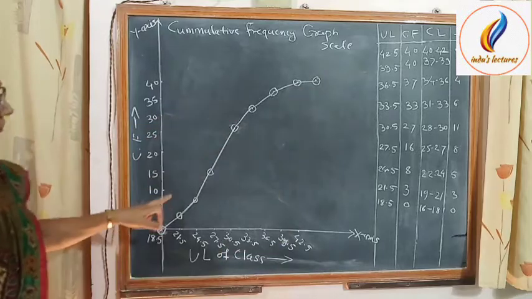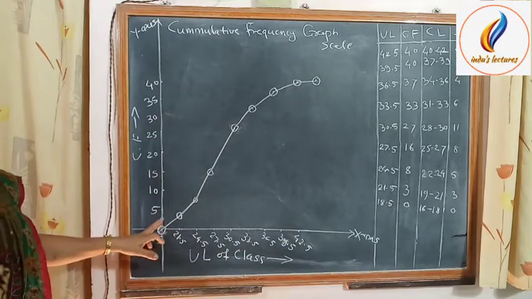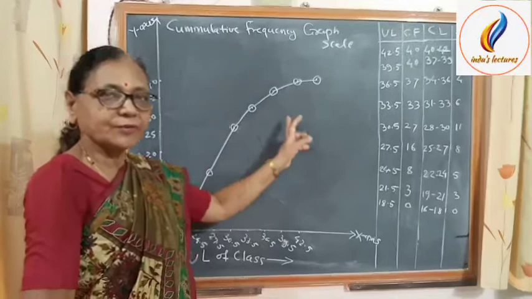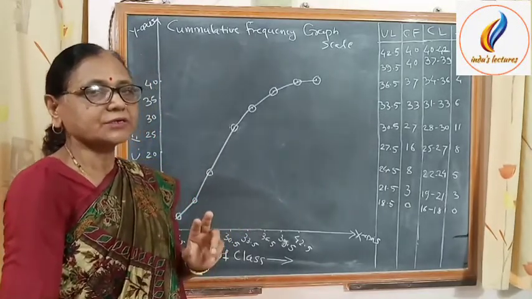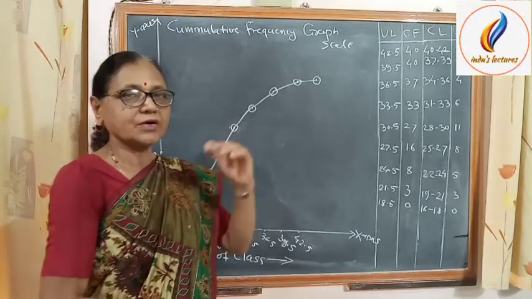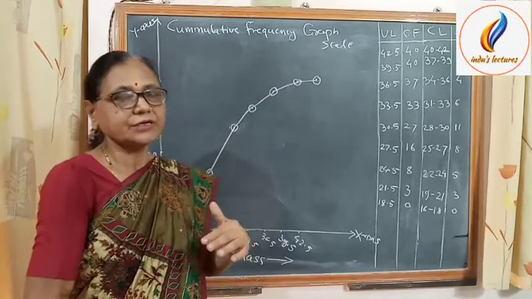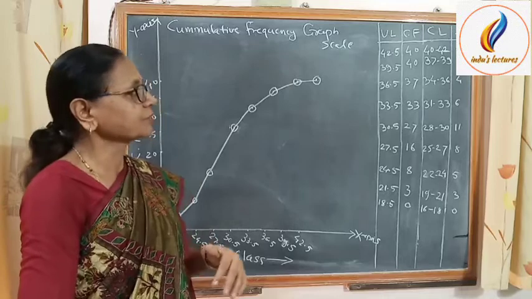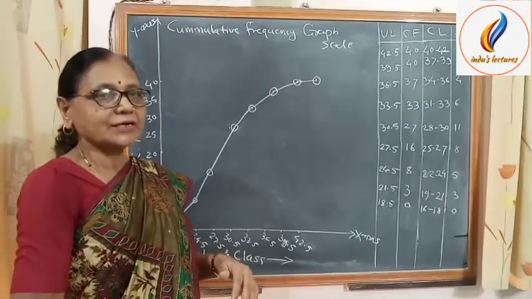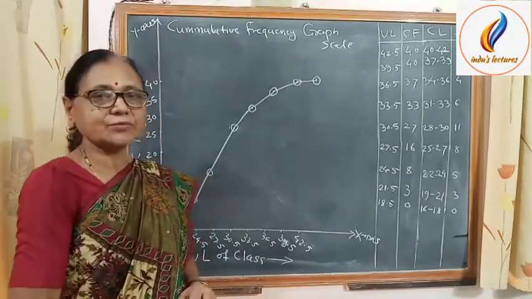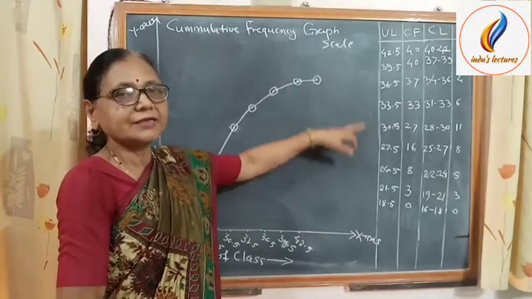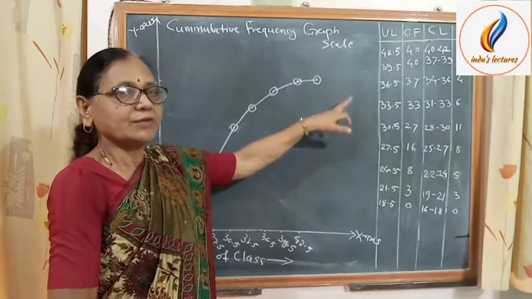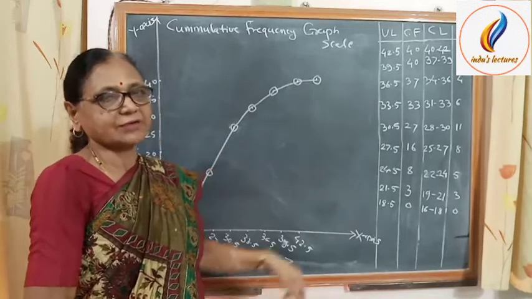This is the graph which is known as the cumulative frequency graph. While plotting it, we added two extra class intervals with frequency 0, one above and one below the given distribution. Then we calculated the cumulative frequency of each class interval, then found the upper limit of each class interval.